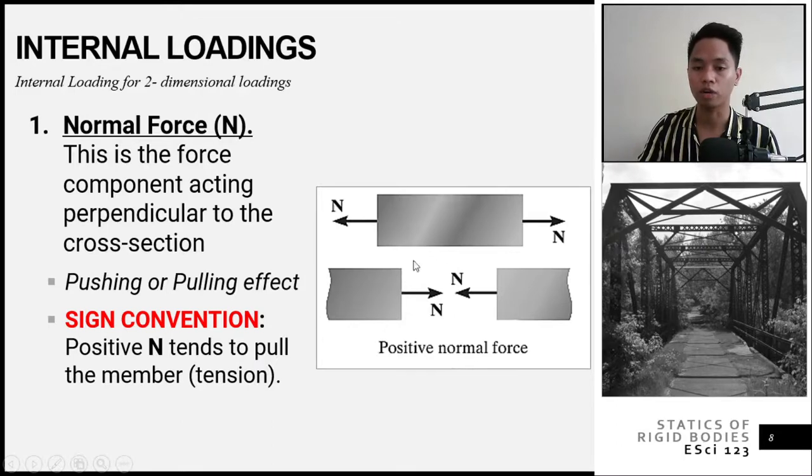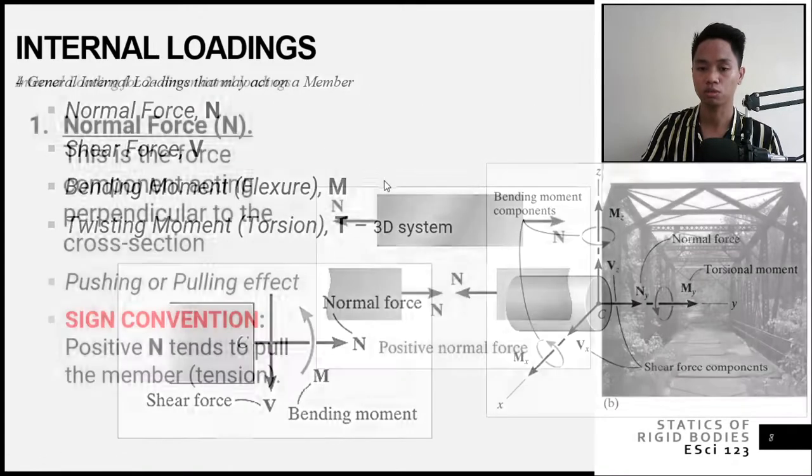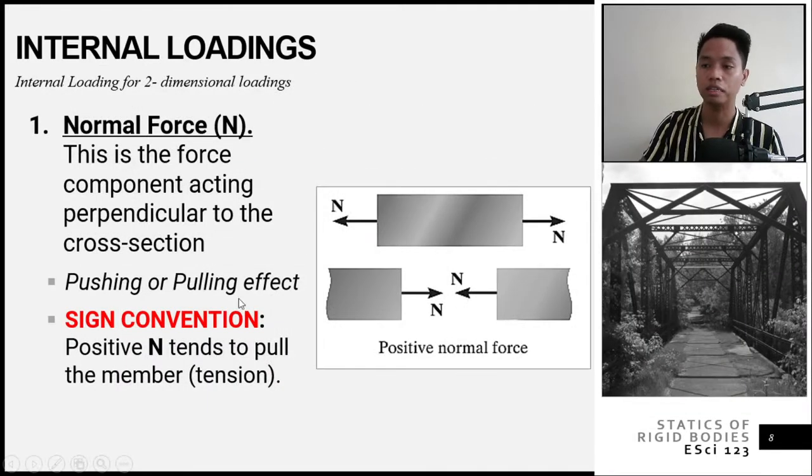If you consider this segment, always assume the normal force is pulling. The same here, it is pulling. Based on the previous discussion, these forces act in opposite directions, which is true, but the effect should be a pulling effect or tension. That is for your normal force.